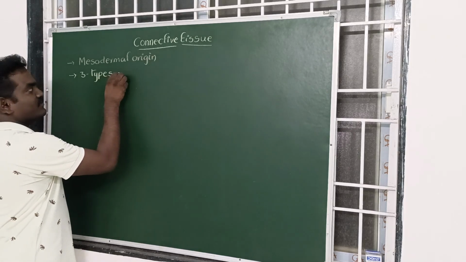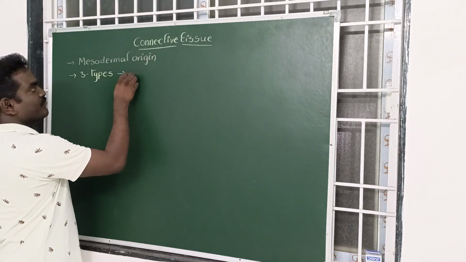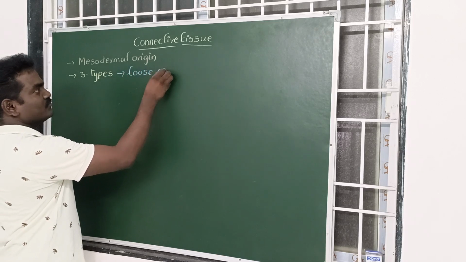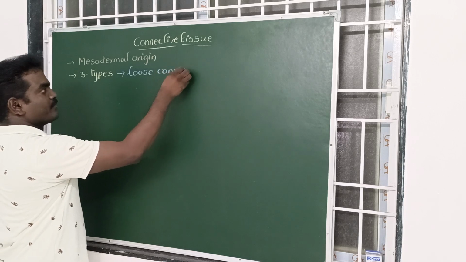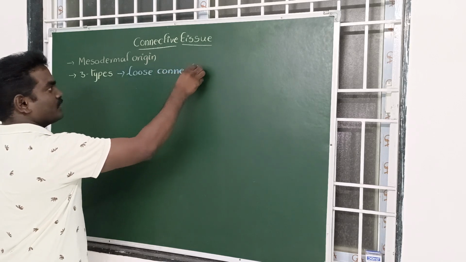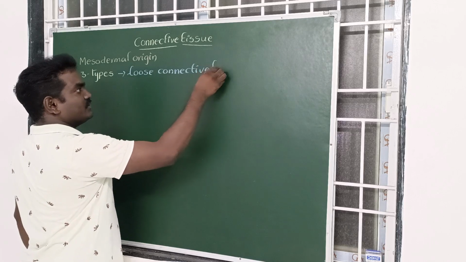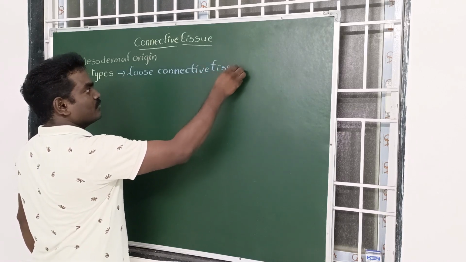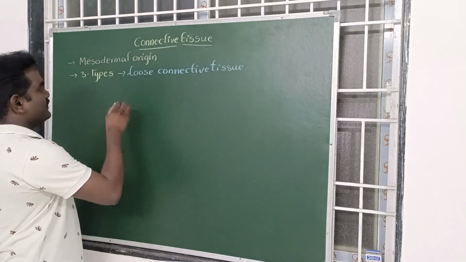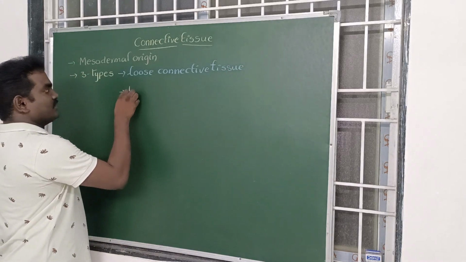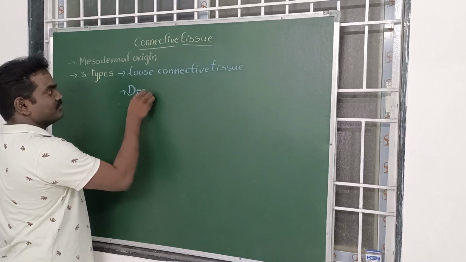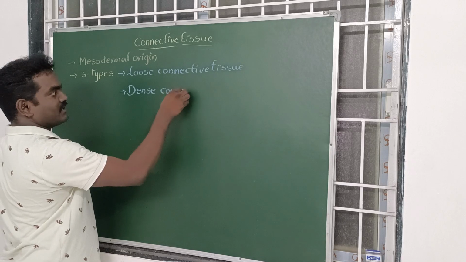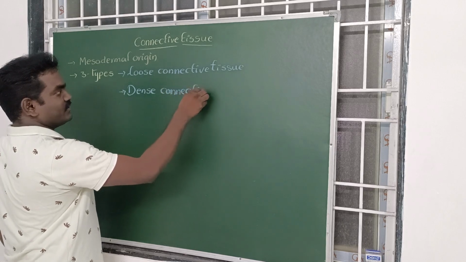These three types of connective tissues are: the first one is loose connective tissue. The second one is dense connective tissue.